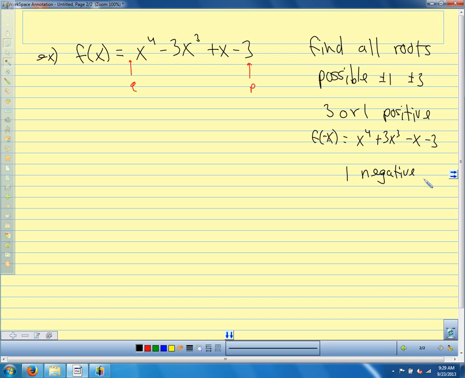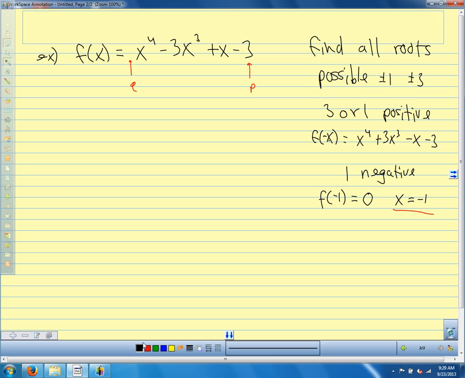Negative 1. So we're going to test negative 1, f of negative 1. We plug that in there, what do we get? Is it 0? f of negative 1 turns out to be 0. I plug negative 1 in here and calculate, I get 0. There's my negative real zero. x equals negative 1. So I've already found the one negative real zero. I don't even have to worry about the negative ones anymore.